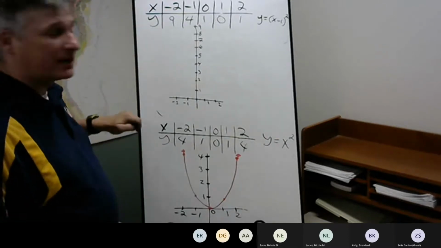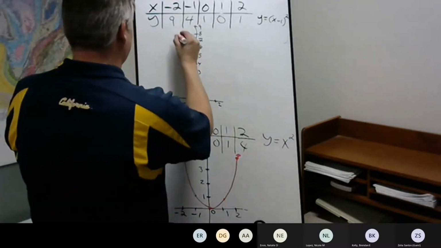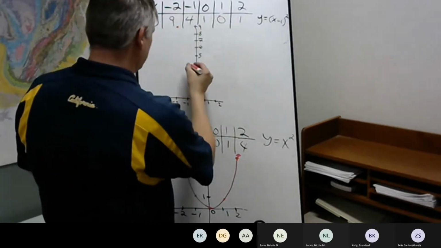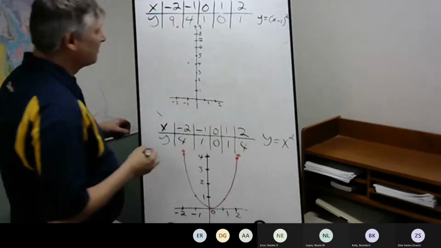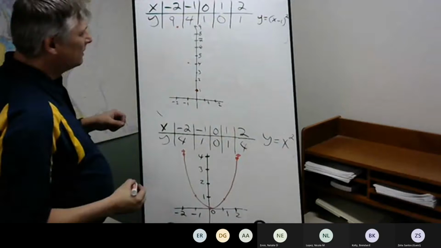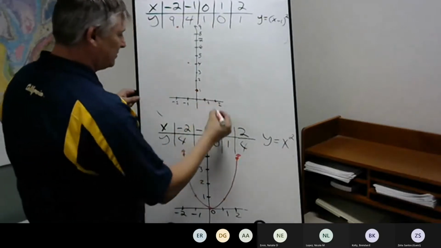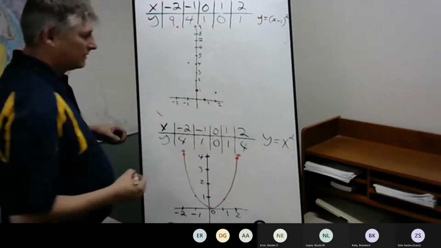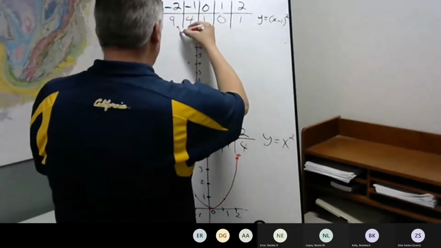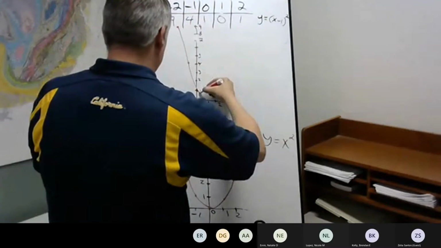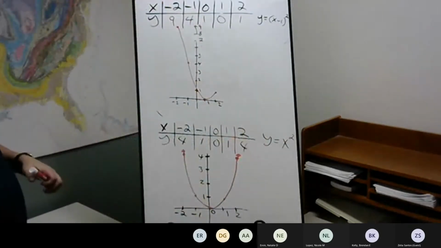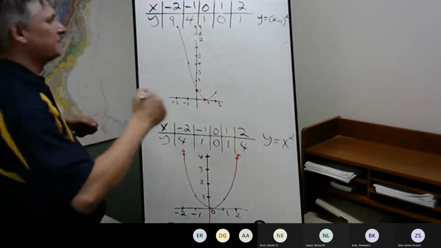Negative 2 gave us a 9. Negative 1 gave us a 4. 0 gave us 1. 1 gave us 0, and 2 gave us 1. So if we connect these dots, we're going to get something like this. Now I'm going to tack on a couple extra here.